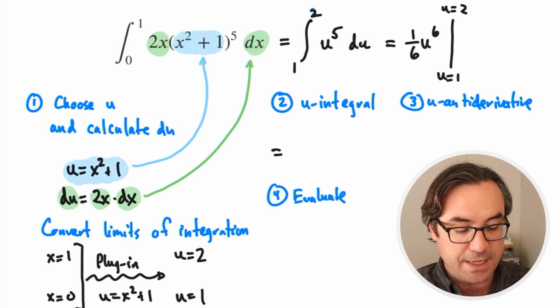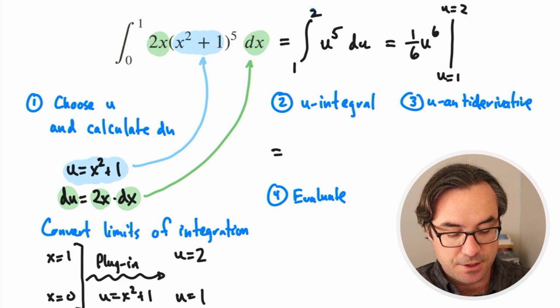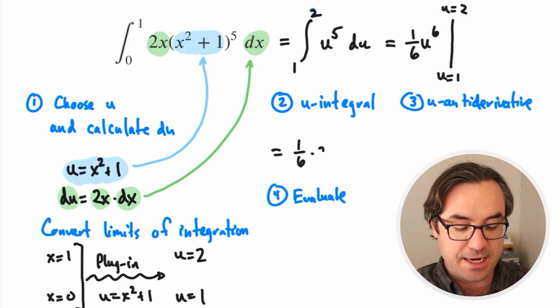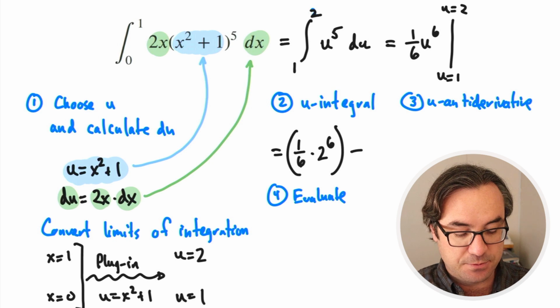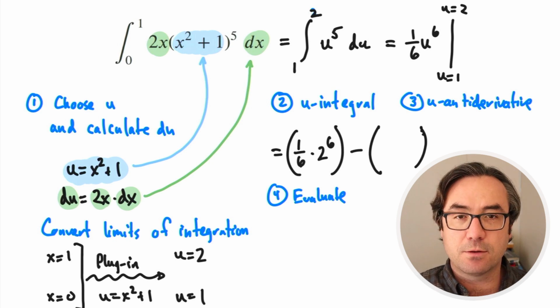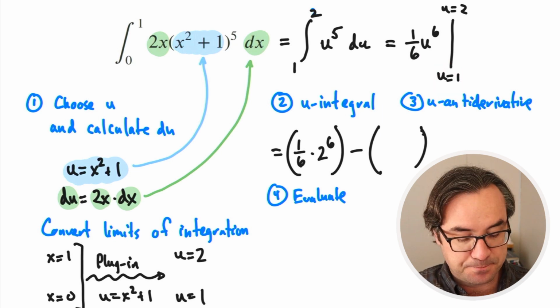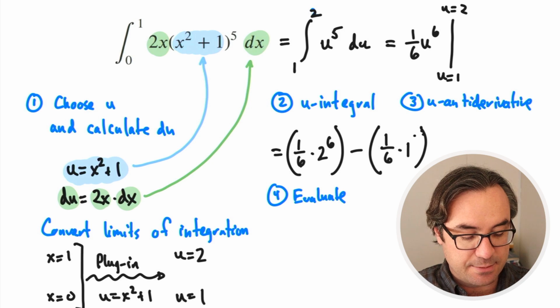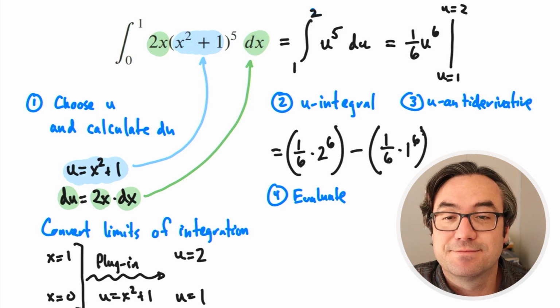We take our antiderivative, and the top number gets plugged in first, so we get 1 over 6 times 2 to the 6. Then we subtract, and we plug in our lower bound, u equals 1. So 1 over 6 times 1 to the power 6. And that's it. We're done.